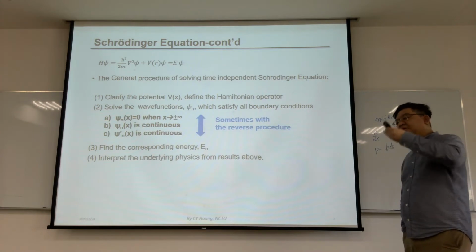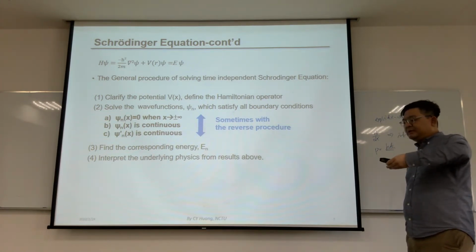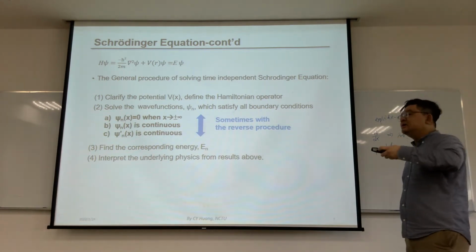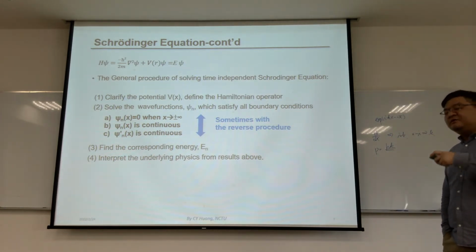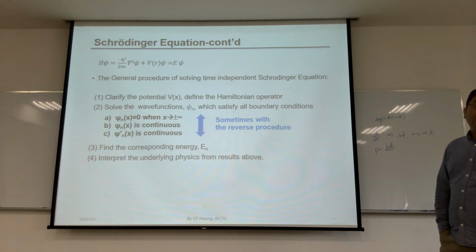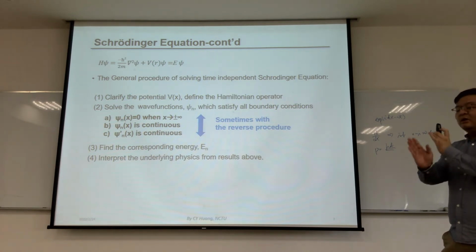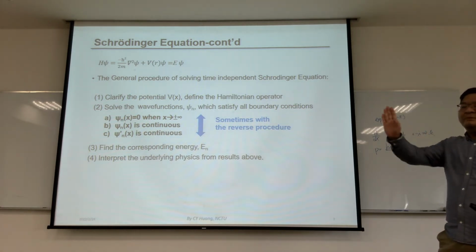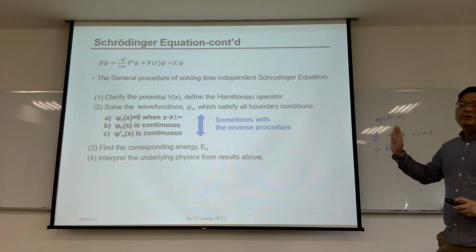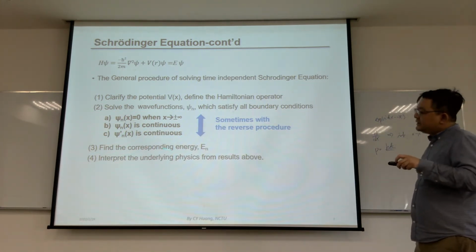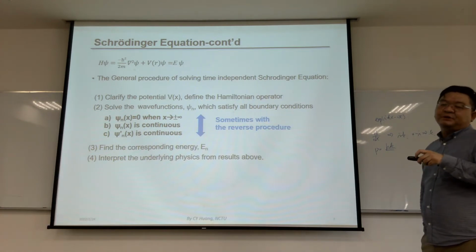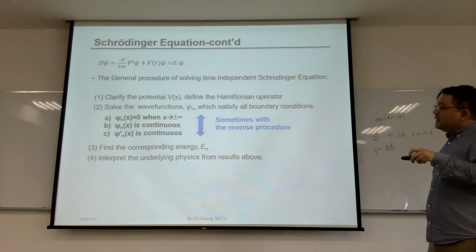So usually we only need to check the interface, because you usually solve the differential equation with continuous functions. You don't need to check every point, only that the interface is continuous. And third, its first derivative is also continuous.